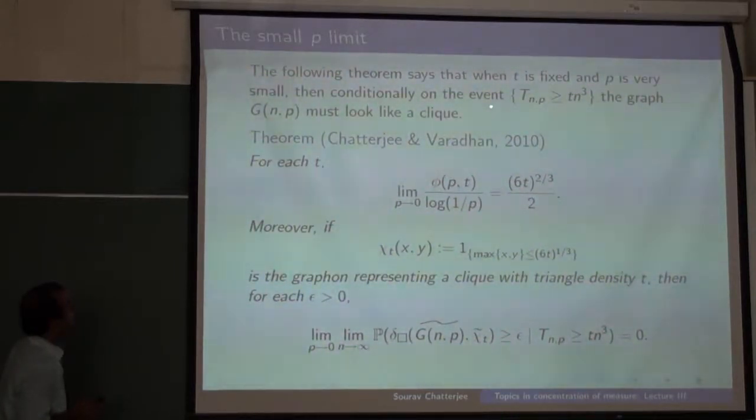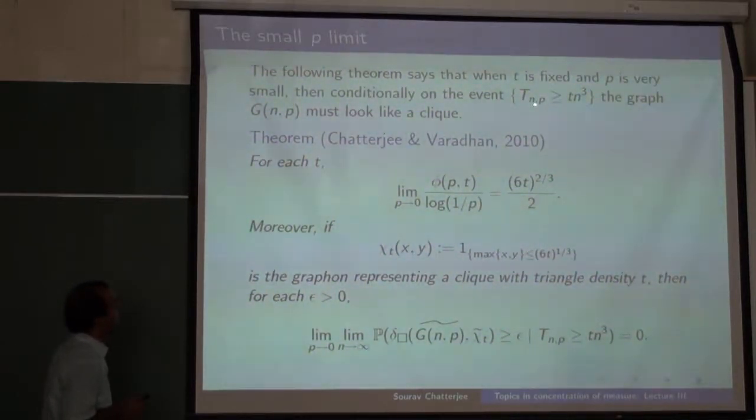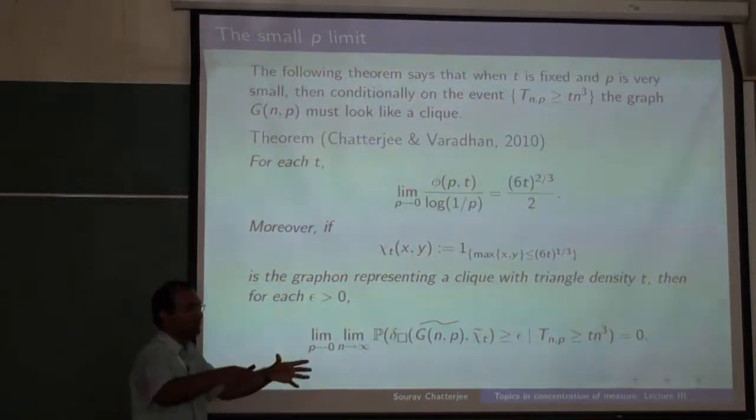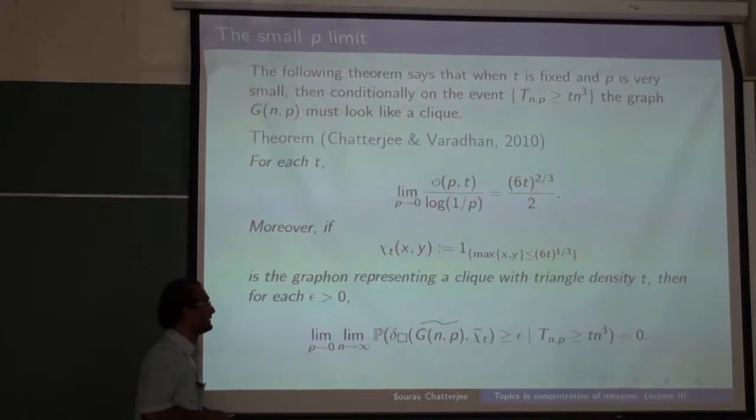Here is one thing. We proved that if p is very, very small, then the optimizer looks like a clique, which is what you would expect. You take phi pt, we don't know how to evaluate this, but if you fix t and let p go to 0, then we know what it is. If you take a clique, it's a subset of vertices where everything is connected to everything else, and nothing outside is connected.